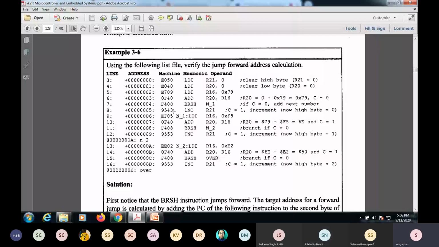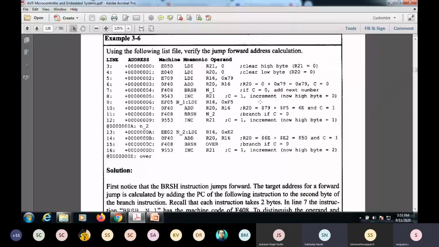So this is 9553 and this is 9543. One is carry increment high byte. Branch. I think there is something to do with it, I forgot about this.